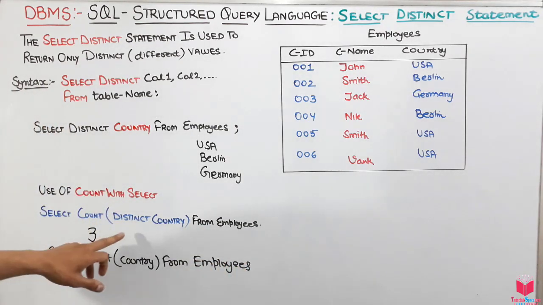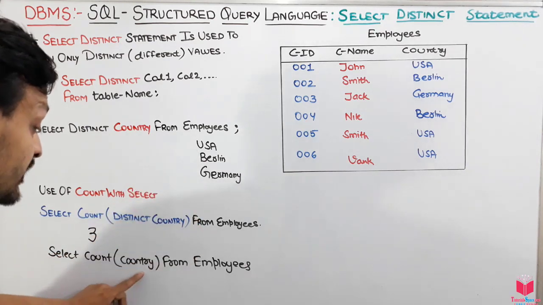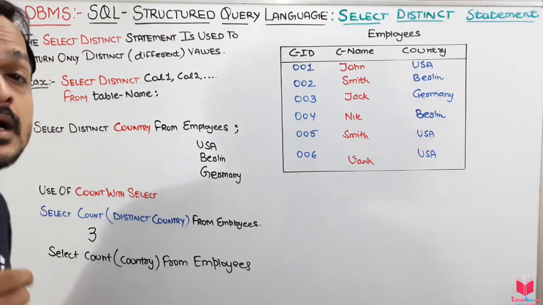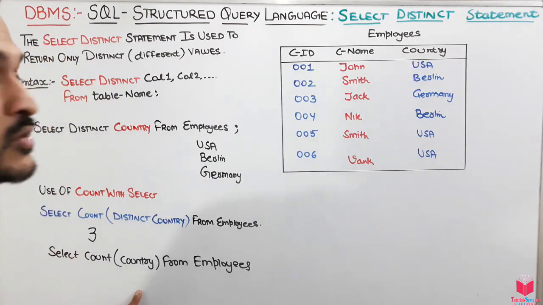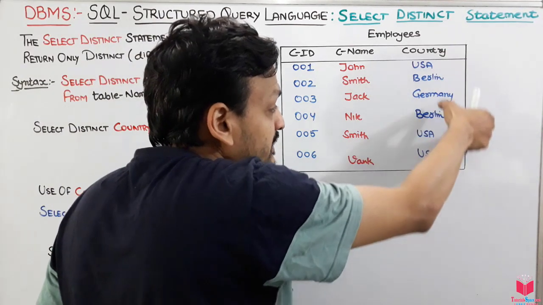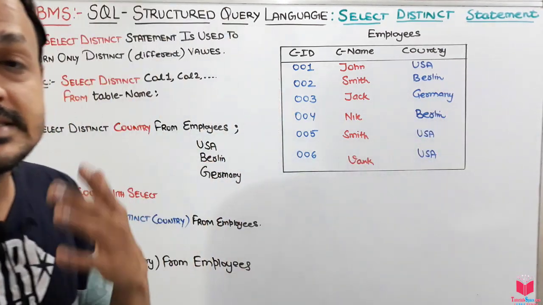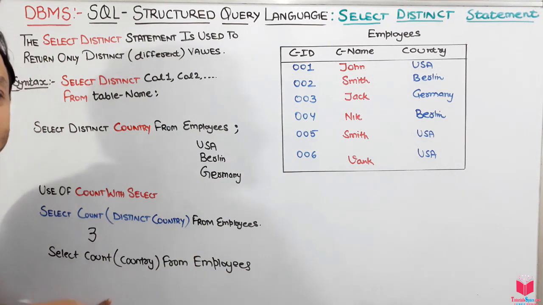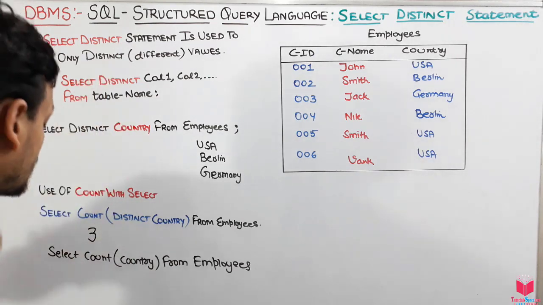This one will choose only the distinct values, that's why it returns 3. But the other will also include the redundant, that is the same, values. There are totally 6 values in this attribute, 1, 2, 3, 4, 5, 6. It does not consider only different values; it will give you all the values under that column. So the answer will be 6.